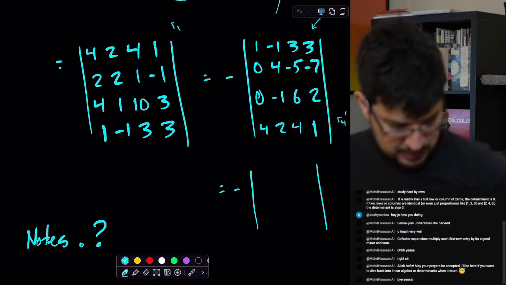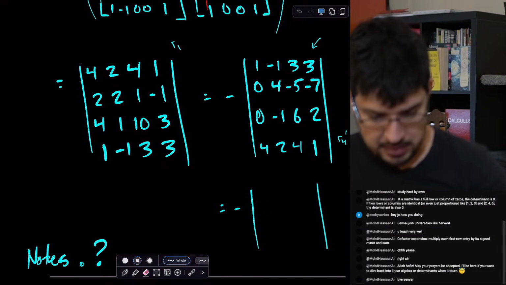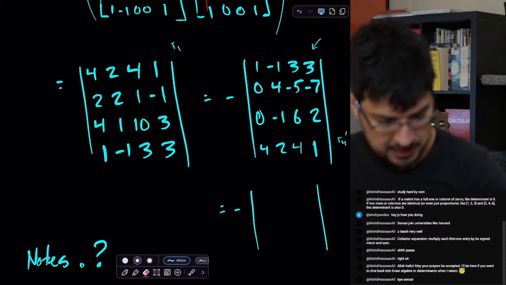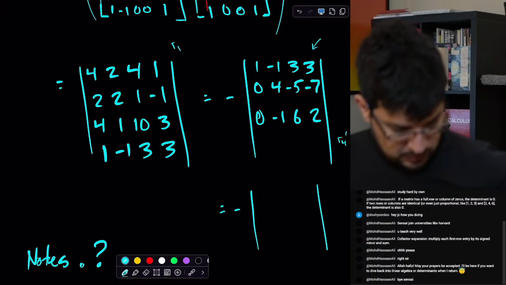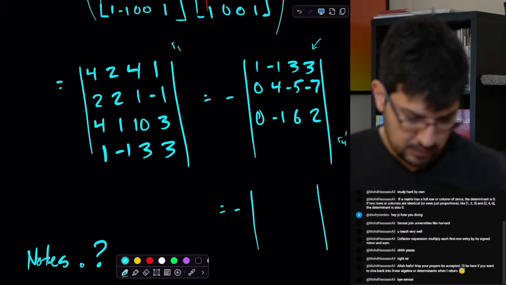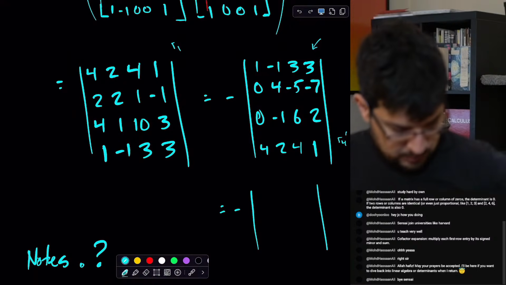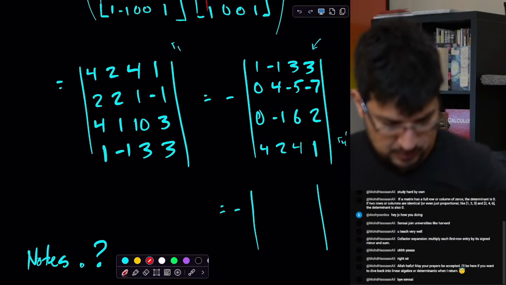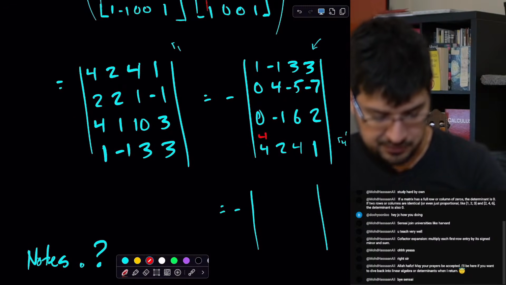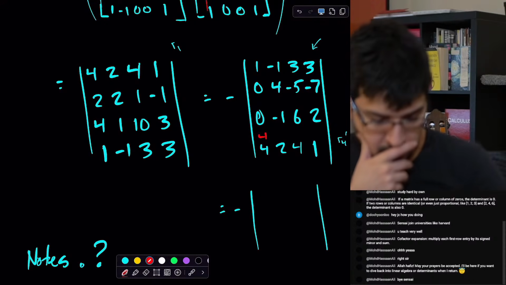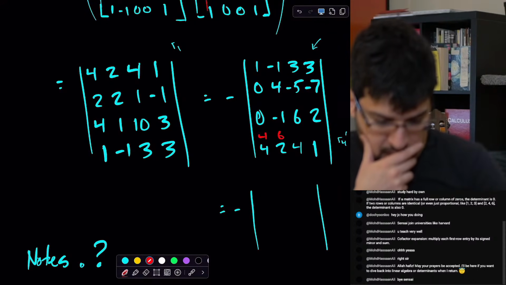And while we're at it, just in place, let's update this last row. Let's make sure we don't make a mistake there. 4 minus 4 times the first row is 4. 2 plus 4 is 6.